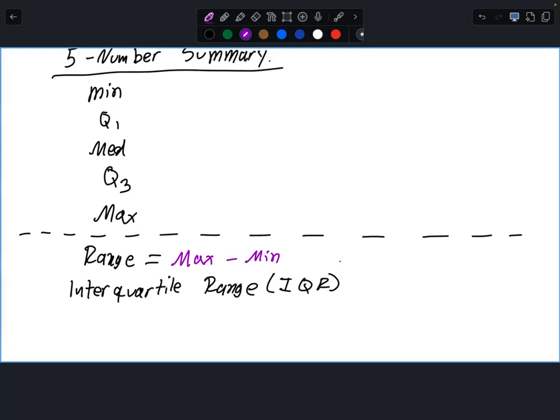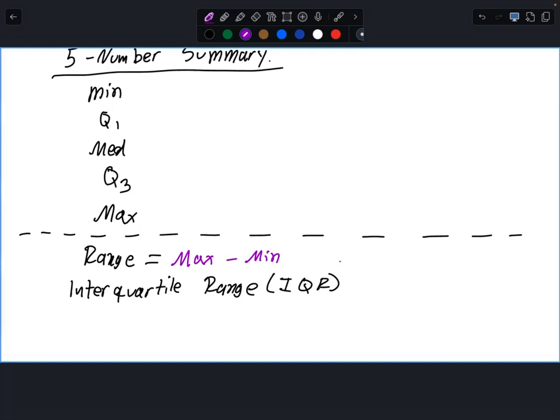It is not going to be like from 2 to 10. If the min was 2 and the max was 10, the range would be 8. The difference between the max and the min.